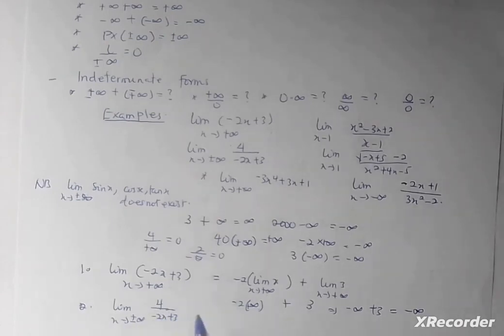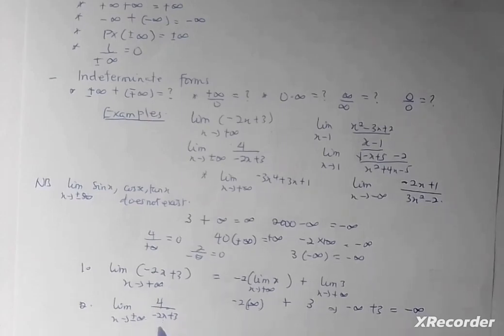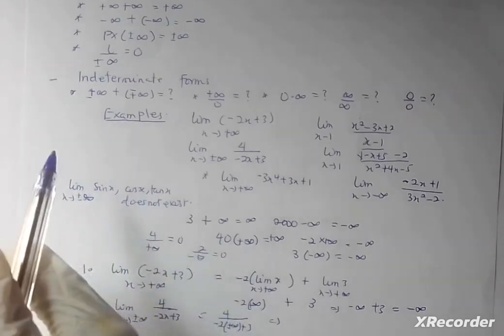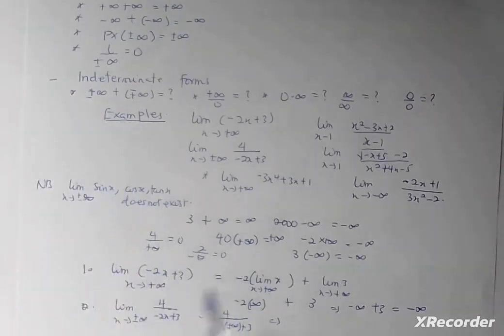This is a rational function, and as usual, you just put what you have here, and this will simply be equal to 4 over the expression negative 2 times plus or minus infinity plus 3. Now, from our rule, any number over positive or negative infinity will give us 0. So this is going to be 4 over negative infinity, which is 0.